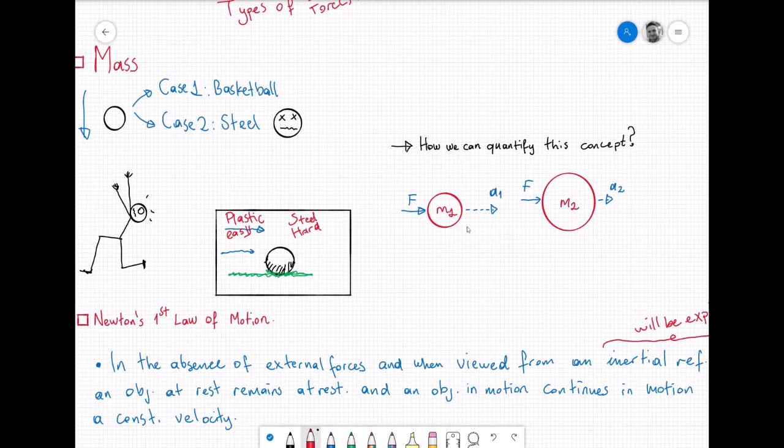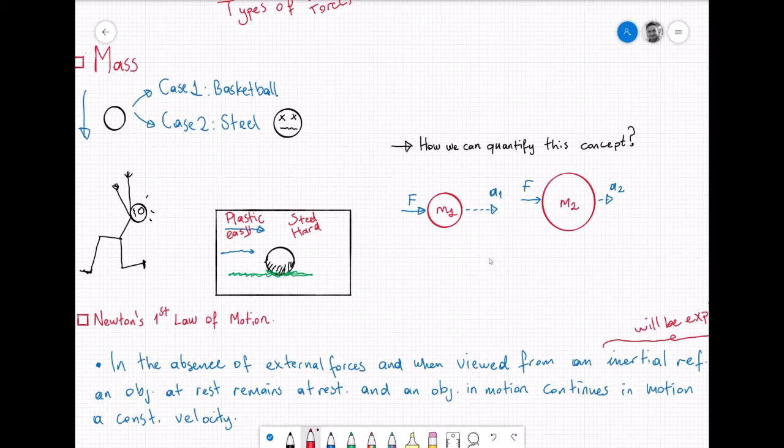So the larger the mass, the harder to move. The smaller the mass, the easier to move. As a result, you will achieve a greater acceleration with a smaller mass and a smaller acceleration with a larger mass if you apply the same force onto two different masses.